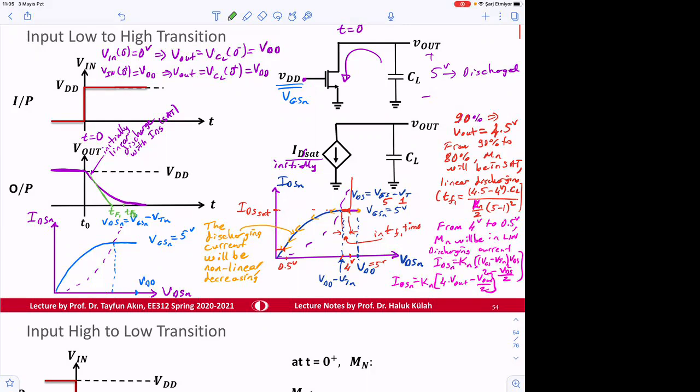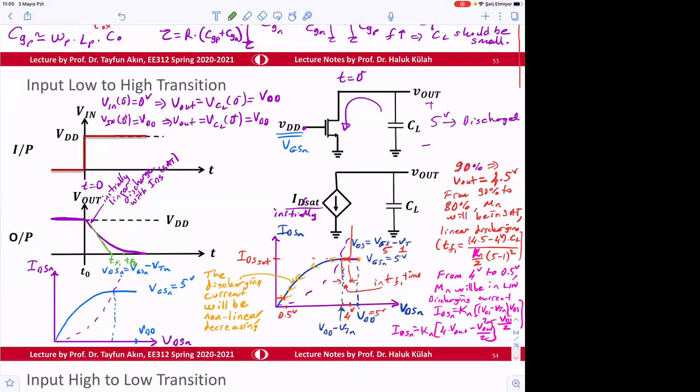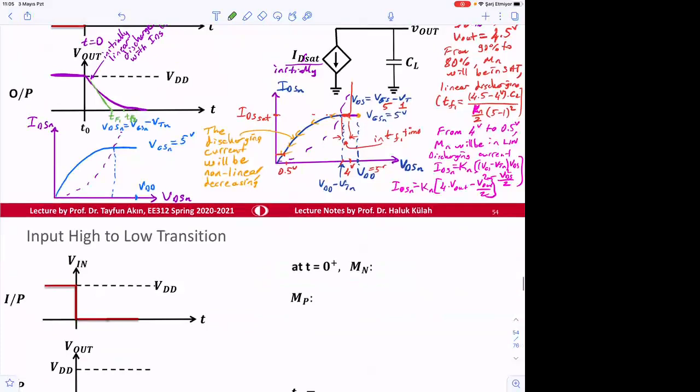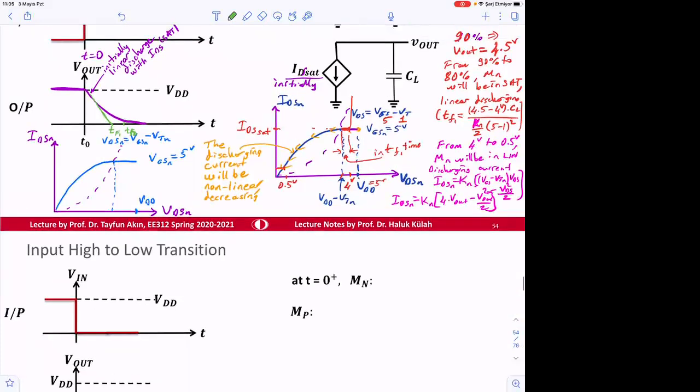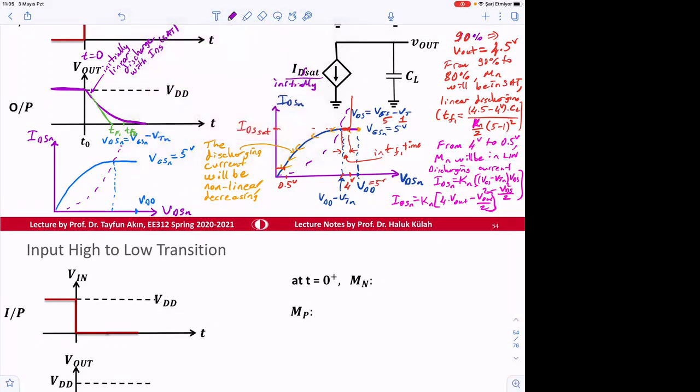Either we find that value accurately, and there are ways to do that, the way that we do in the VLSI design course, or we approximate.